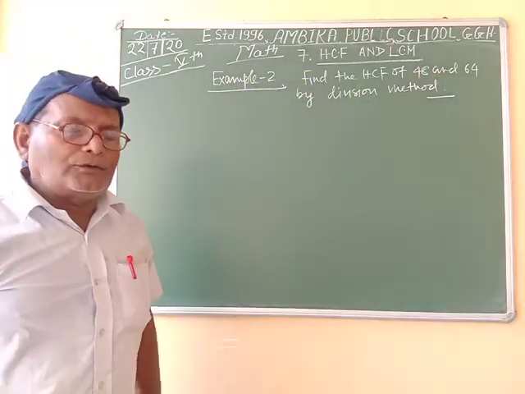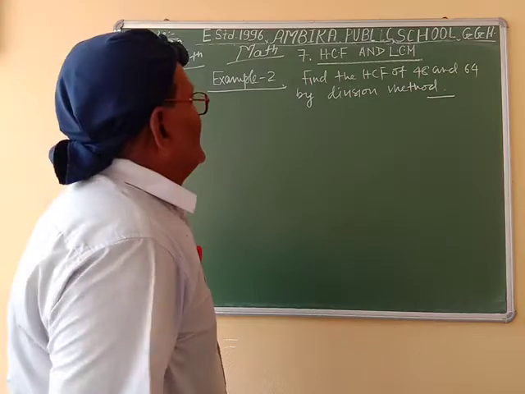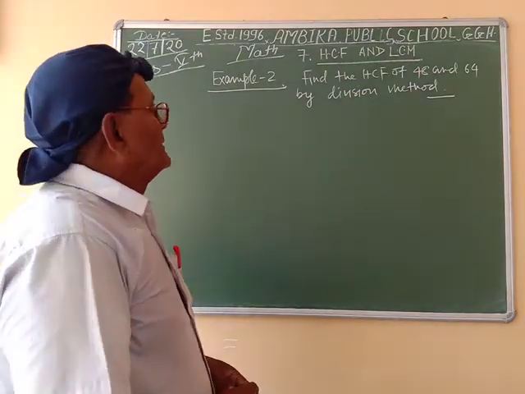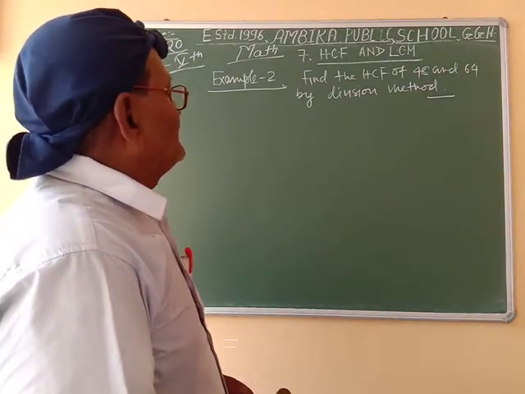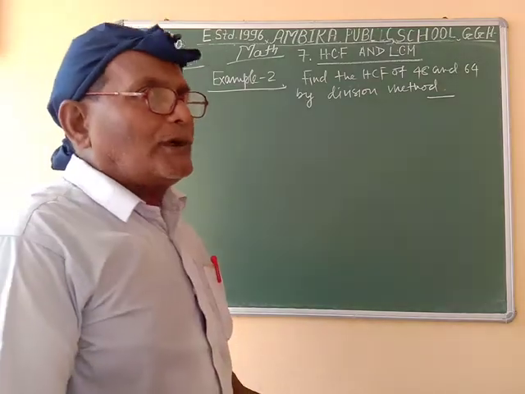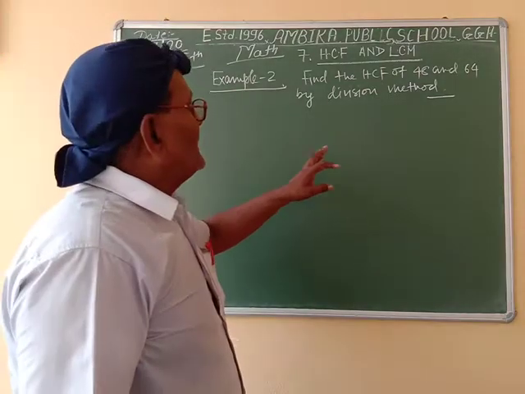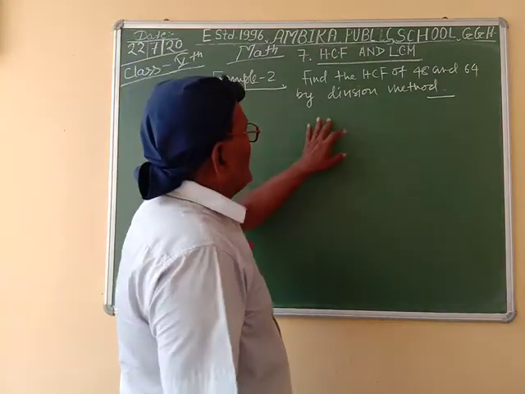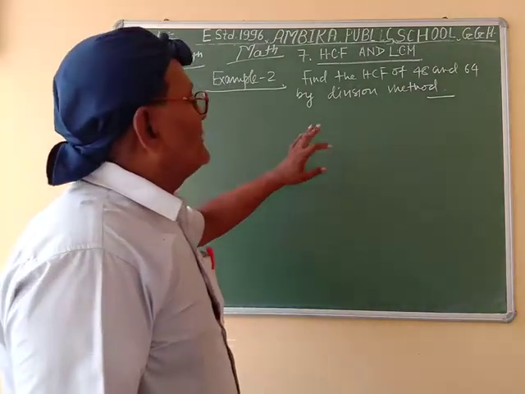I had taught you that there are two methods to find the HCF of given numbers. The first method is called the factorization method, and the second method is called the division method, or continued division method.